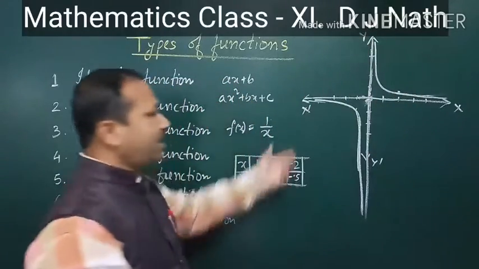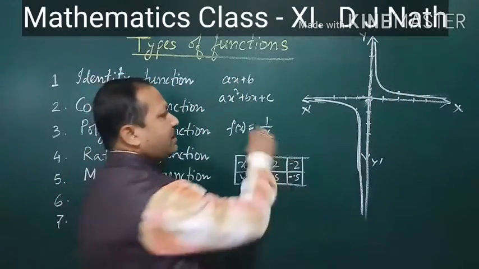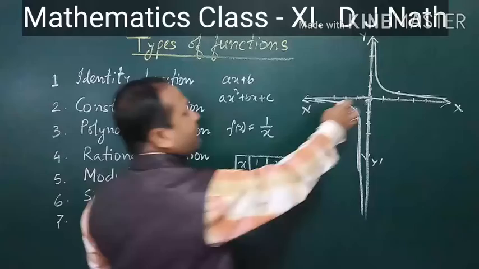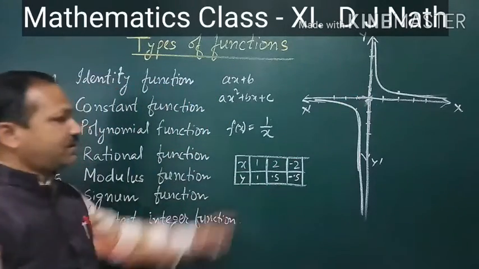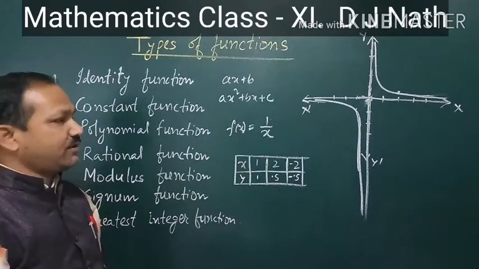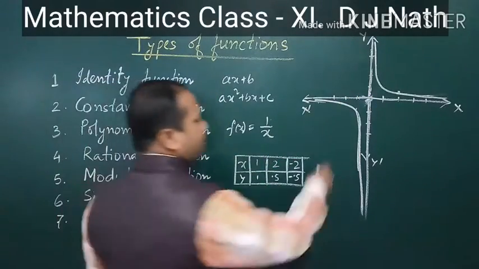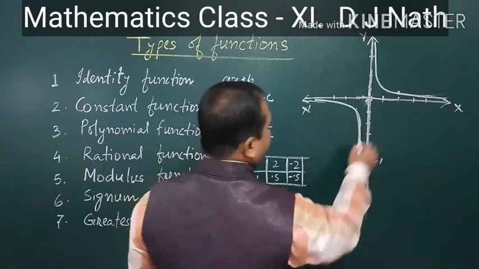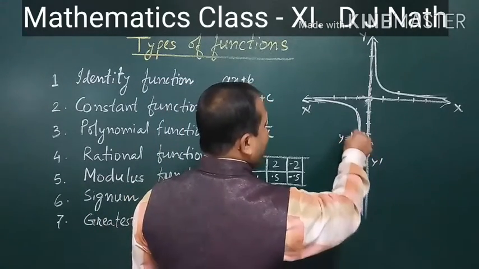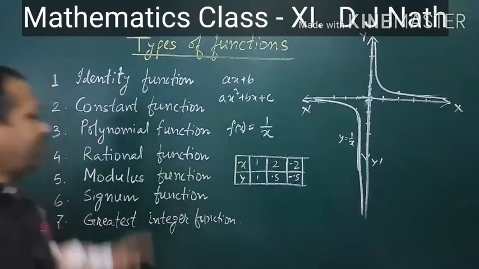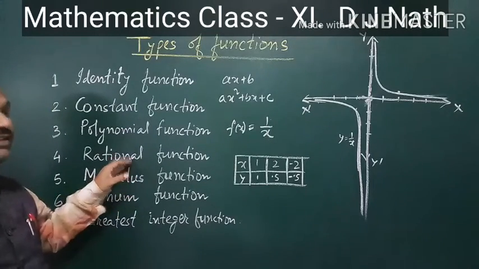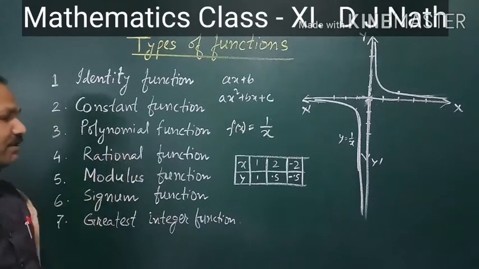So this is a rational type of function. In a rational function, the graph will not touch at 0 because 0 is not possible. So it is y is equal to 1 by x. If it is p by q form, it is a rational function.